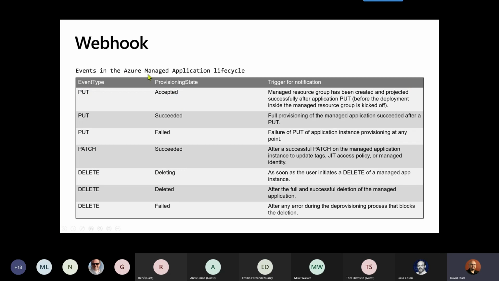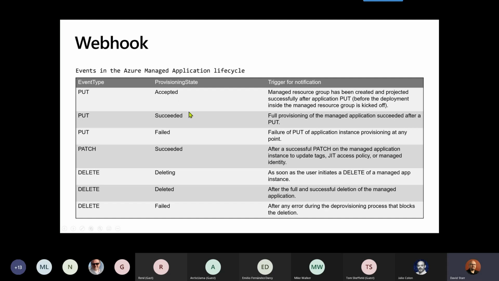All right. So the webhook can take these events in, or event types, I should say. And this is a table that just is showing us that these are the operations, puts, patch, deletes, and we can see the states that we might receive.